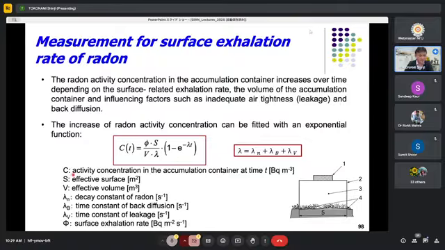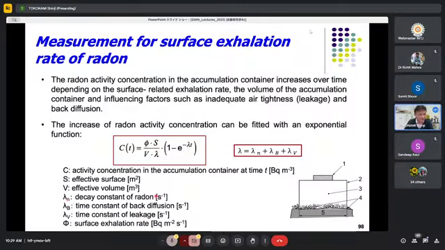C, activity concentration in the accumulation container at time t, becquerel per cubic meter. S, effective surface, square meter. V, effective volume, cubic meter. Lambda n, decay constant of radon.